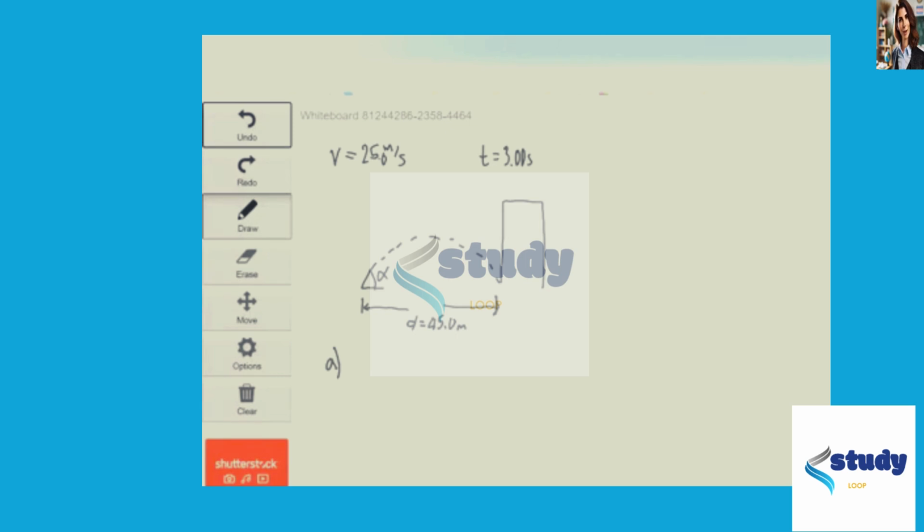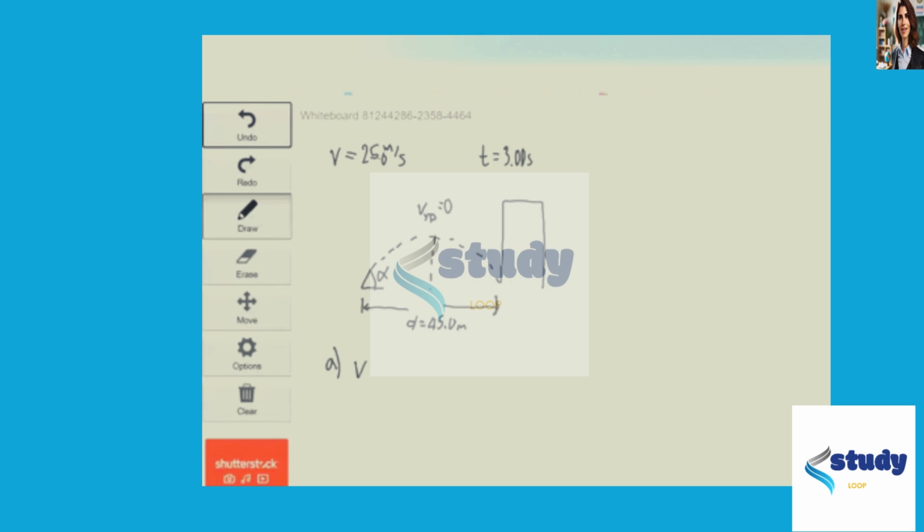So what's alpha? Well, I know that at the peak it's going to be halfway there. And the velocity in the y direction at the peak is going to be 0.